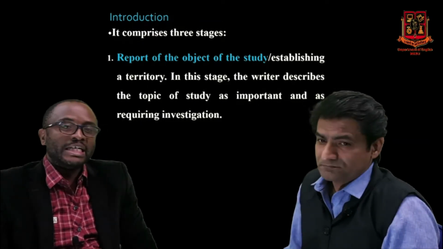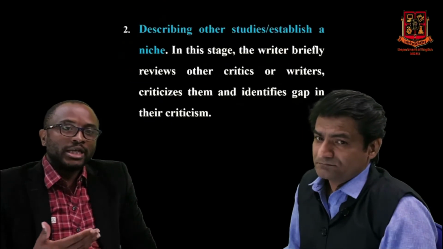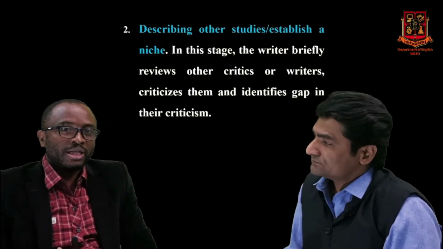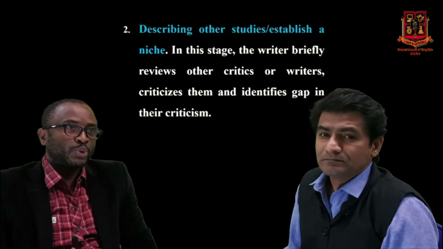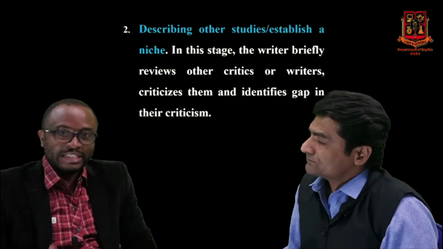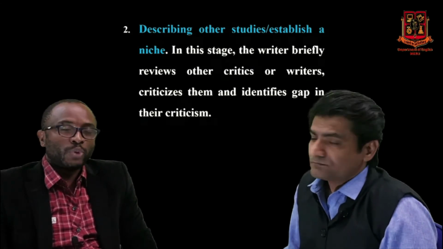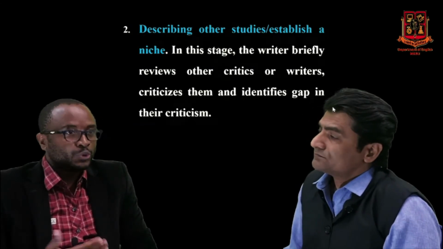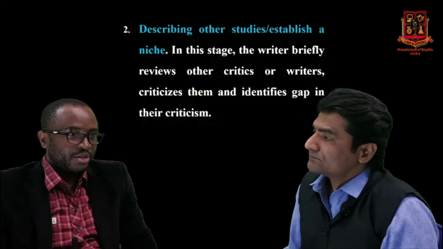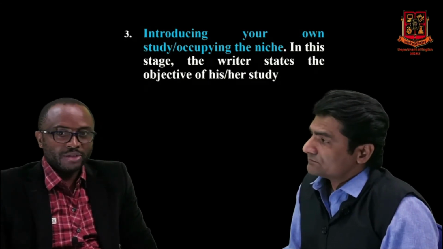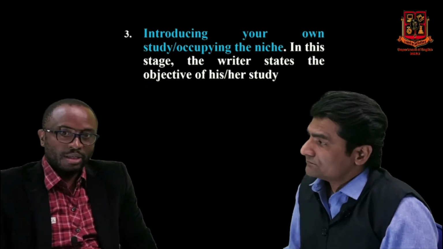They also have to include a brief summary of other critics who have talked about the study, and the objective, what they are going to do in the discussion of their paper. Those are the components of the introduction.